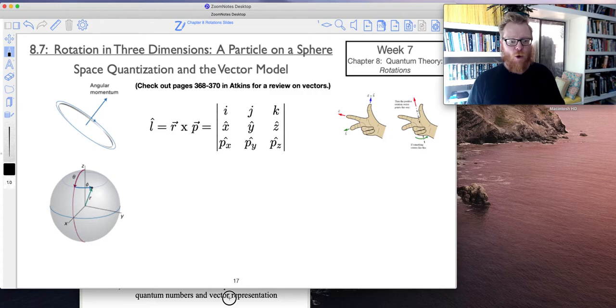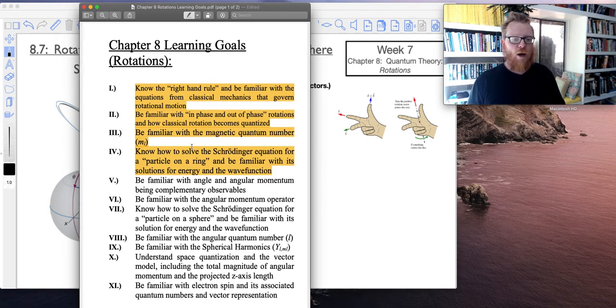Okay, so in this lecture, what I went through was: be familiar with angle and angular momentum being complementary observables. So I just kind of told you that they are complementary observables. In the next lecture, we're going to go again into more detail on that. So be familiar with the angular momentum operator. That's how we started the lecture, talking about the angular momentum operator, which has eigenvalues ML h bar.